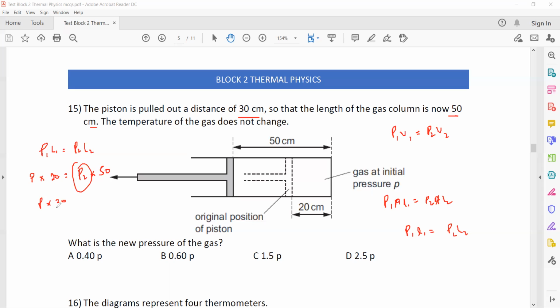So 20 divided by 50, 0 will cancel with 0. 2 divided by 5, that's equal to 0.4. So P2 is equal to 0.4 P. That's why A is the right answer. So whenever area is kept constant, the change in the length will cause the change in the volume. So instead of using P1 V1 equals P2 V2, we can use P1 L1 equals P2 L2.